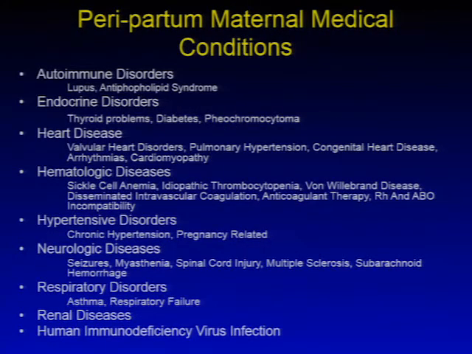We are going to cover all these conditions, but briefly: autoimmune disorders, endocrine disorders, heart disease, hematological diseases, hypertensive disorders, neurological diseases, respiratory disorders, renal disorders, and a little bit about human immunodeficiency virus infection.